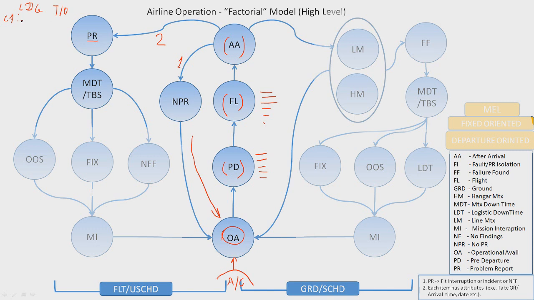Let's say the aircraft landed at 9 o'clock in the morning, and the next flight is at 11 in the morning, so we have 2 hours. And case number 2, we land at 9 o'clock in the morning, and the next flight is at 9:45. So in case 2, we have only 45 minutes, okay?